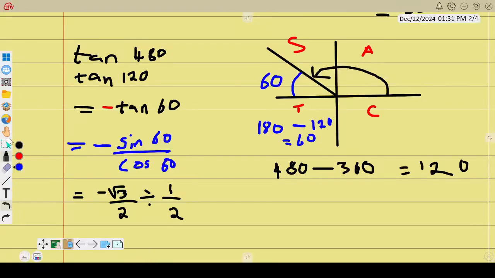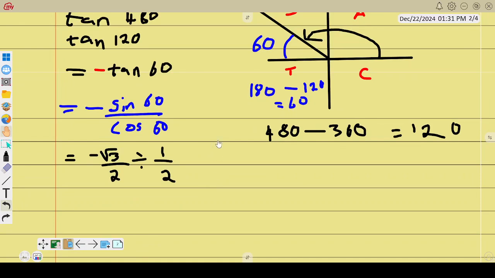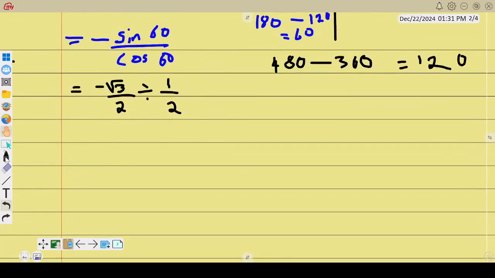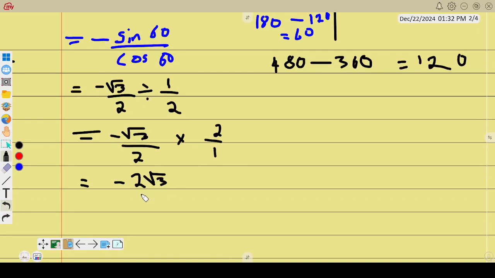So from here, what's remaining is simply to simplify. So we're going to have negative root 3 over 2 times 2 over 1. So this will be negative 2 root 3 over 2.